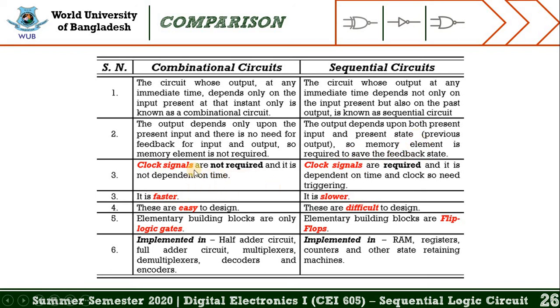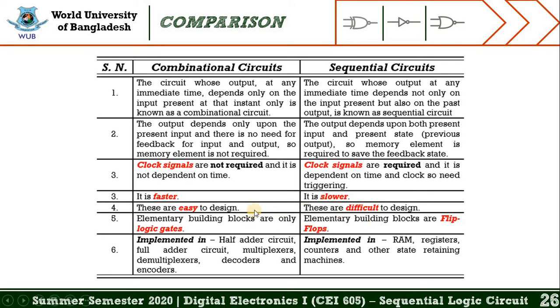Next one, clock signals are not required for the combinational circuits and it is not dependent on time. On the other hand, clock signals are required for the sequential circuits and it is dependent on time and clock, so it needs triggering. Next one, combinational circuits are faster. On the other hand, sequential circuits are a bit slower if we compare with combinational circuits.